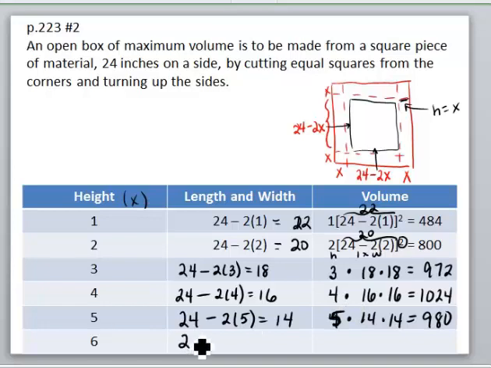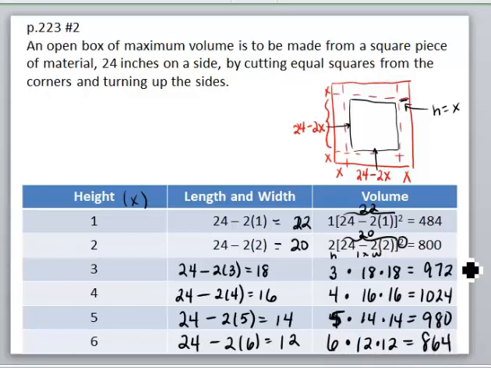And then I'd plug in 6, so I'd try 6 for my height. And I'd end up getting the answer of 12. Each time, notice my length and width are getting smaller because my height is getting larger. So I end up getting 6, my height, times my length, times my width, which ends up giving me 864.